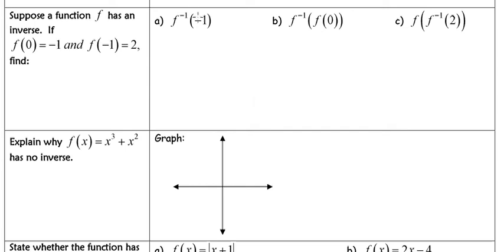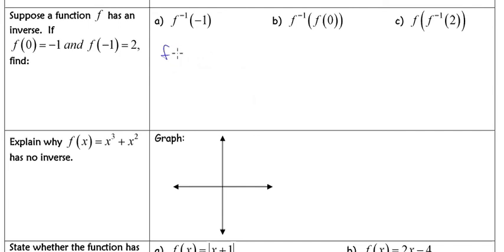So the inverse of f, and we're plugging in -1 into that inverse. Now, before, what output gave us -1? Well, 0 did. So by plugging it into the inverse, it's got to undo what happened in the f function and get back to 0.